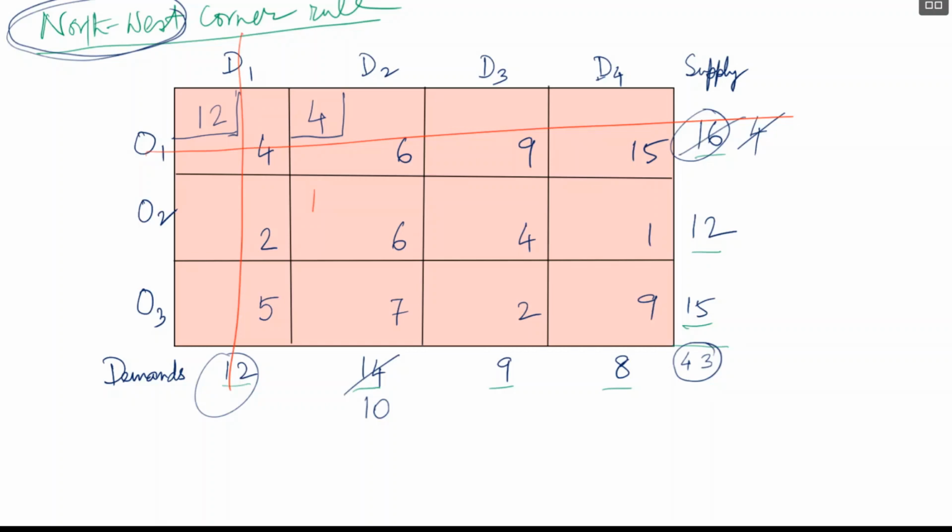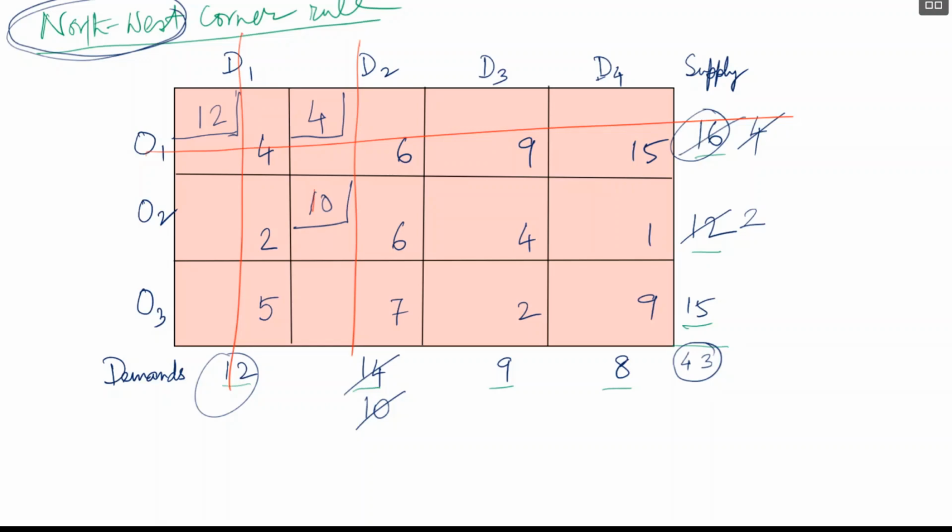So we assign 10 at the cell 2-2, and we see that the demand at D2 has been fulfilled totally, and the supply at O2 has not been exhausted, 2 units are still available now. So we discard D2 now, the column corresponding to D2.